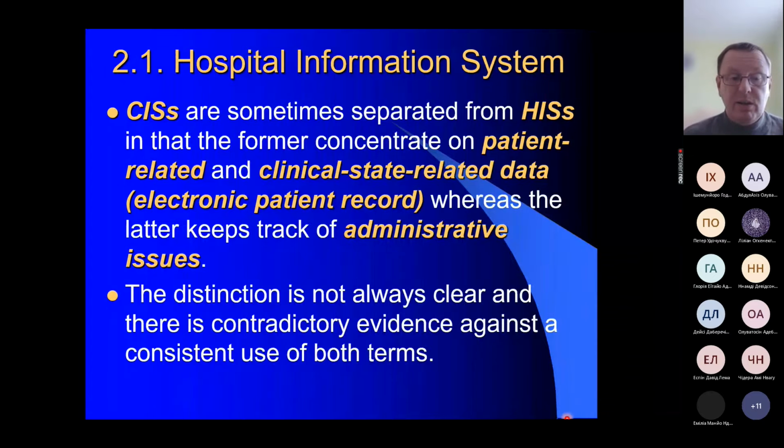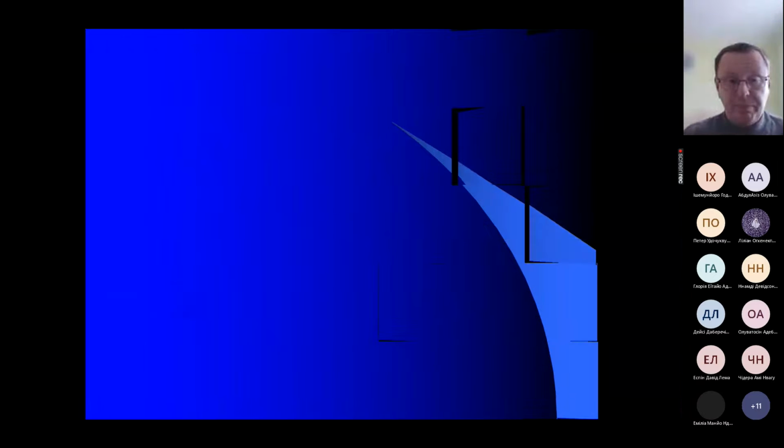So it's very difficult to make a clear distinction between this pair of systems, and for this reason the term medical information system is very often used. Still, it would be good to keep this in mind: if you talk about mostly clinical applications, it's CIS, clinical information system. If you talk about solving administrative problems, here it has to be hospital information system.